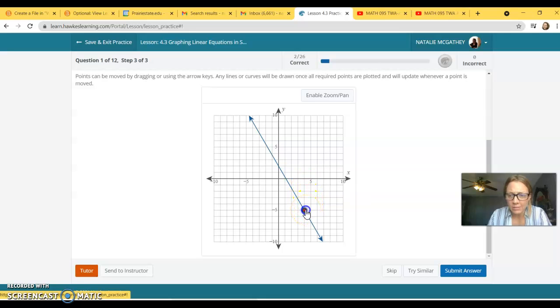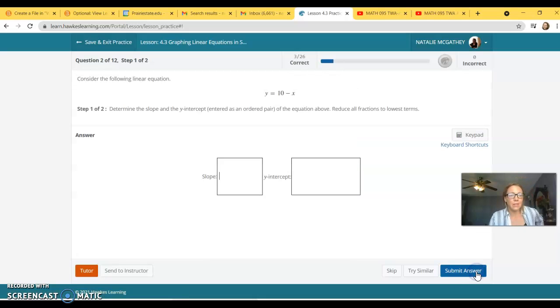So I can actually just click and move this point up, instead of having to do it all over again. Okay, so that's how the Hawks will graph the line for you. But again, I want you to be able to graph these lines on paper, so make sure you put it on paper first.